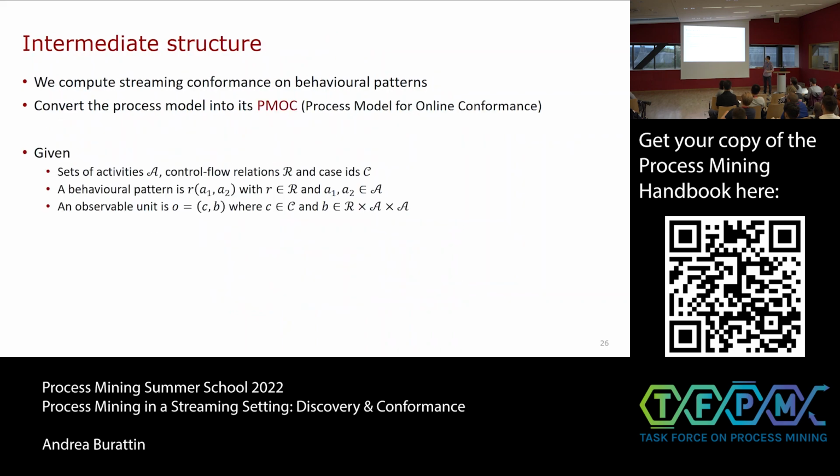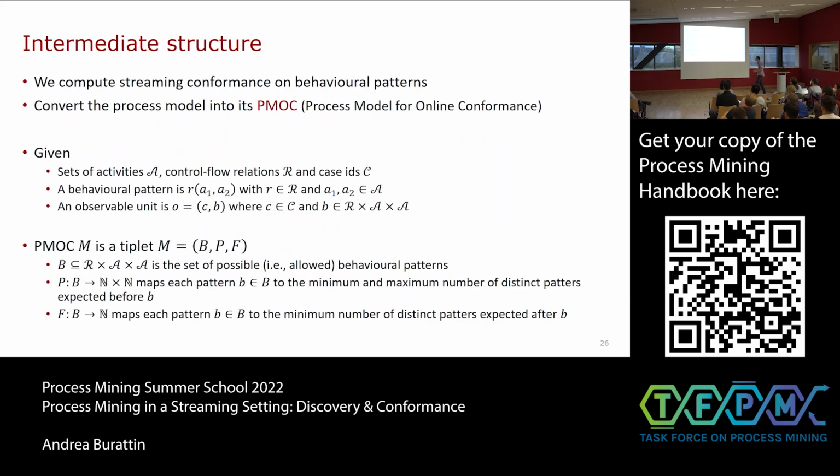To do that, we construct a data structure which comprises 3 elements: a set of direct following dependencies that are allowed by the model, and then 2 additional data structures that indicate in which position this direct following dependency is supposed to happen in the trace.